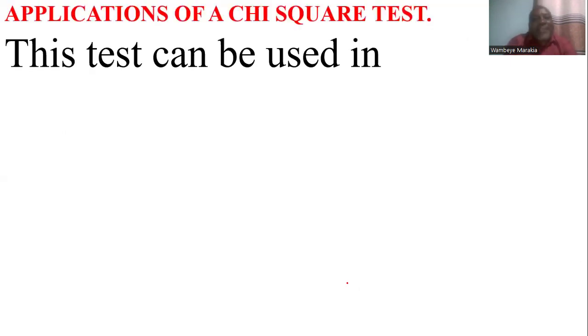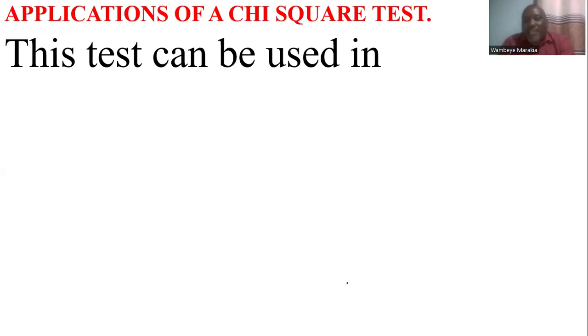Also, another term I want us to use in this class is parametric and non-parametric. But let me wait, I will introduce them later in our classes. But how can we apply chi-square tests?